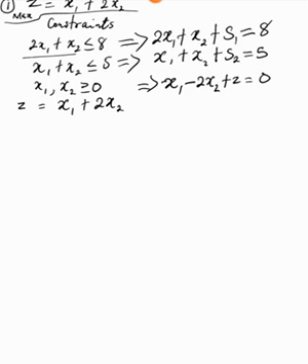to set up a Tableau, and this Tableau is going to be a sort of matrix. Now we're going to have the coefficient of x sub 1, x sub 2, s sub 1, s sub 2, and z.